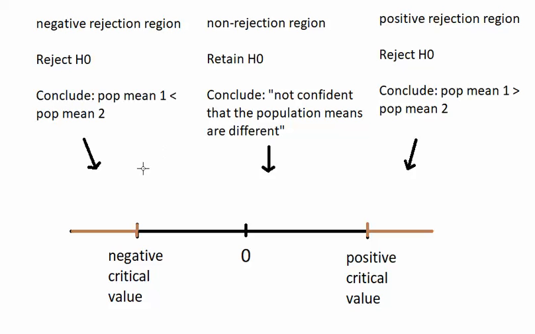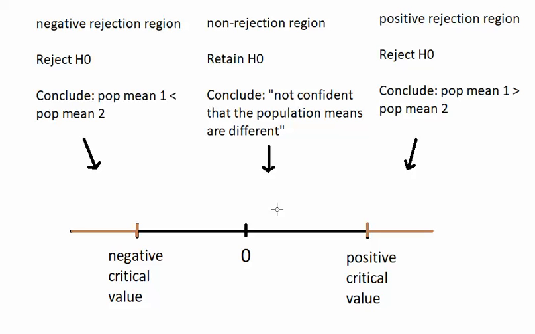The negative rejection region includes the negative critical value. So this tick mark right here is actually a part of the negative rejection region, and this tick mark out here is a part of the positive rejection region. The non-rejection region is just everything in between the two critical values.